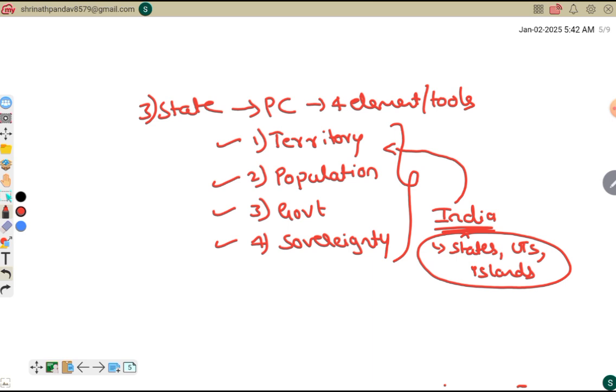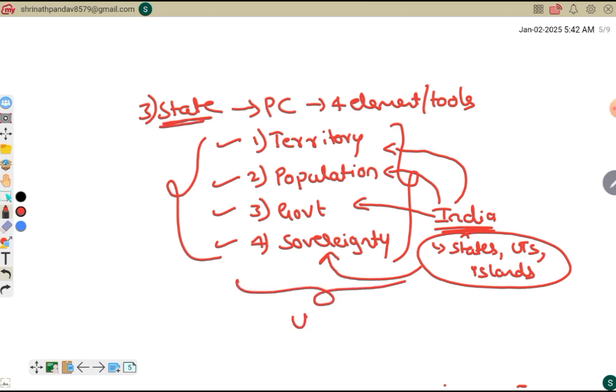Then India has its own population, and India also has the government which is elected or representative, and India has its own sovereignty, that is it takes its own decisions, not depending on others for its decisions. These are the four elements that comprise the state. And why is the state concept important? Because it has been asked in the UPSC CSE exam in 2021.